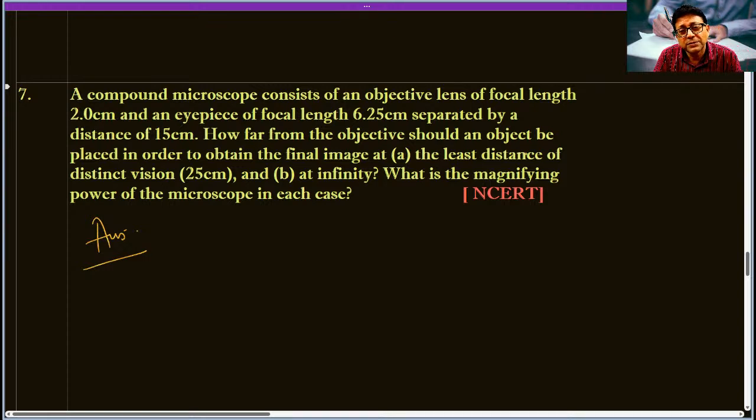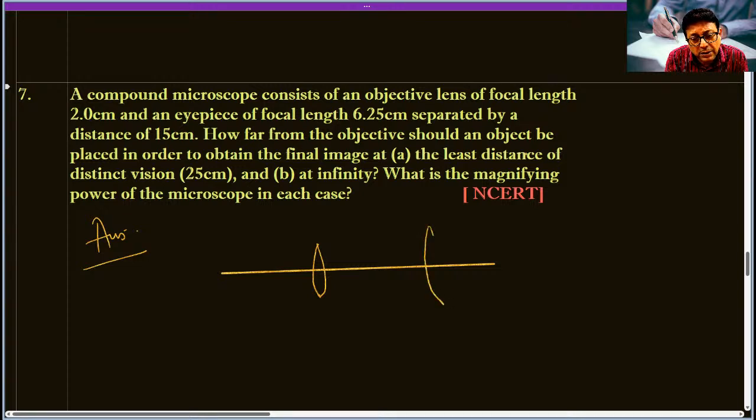Compound microscope. For this question, don't use a formula, please. You go step by step calculation. Compound microscope. Objective: short focal length, short aperture. Eyepiece: large focal length, not very large aperture, just large focal length.